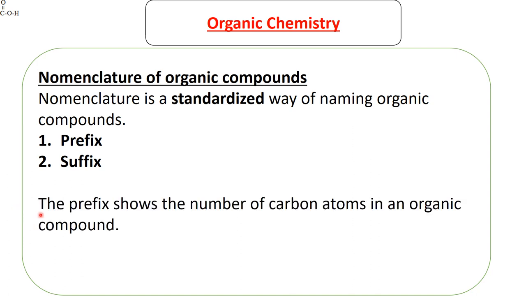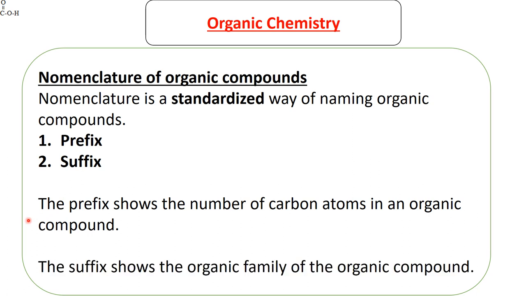So in organic chemistry now, the prefix shows the number of carbon atoms in an organic compound. So the group of letters at the beginning of the name of an organic compound gives you the number of carbon atoms in the compound. Well, the suffix shows the organic family of the organic compound.